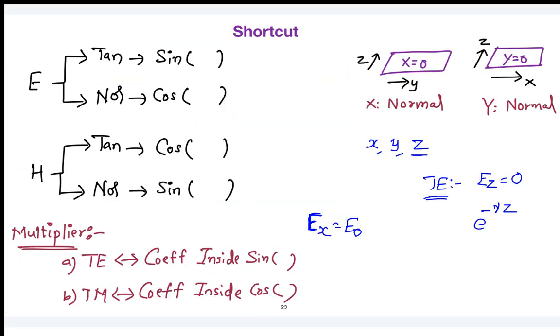When you are writing what variation is going to happen in x direction, you should consider the plate in x direction. First of all, you are going to write the electric field in x direction. When you say x equal to 0 plane, what is the tangential component? Z and y.